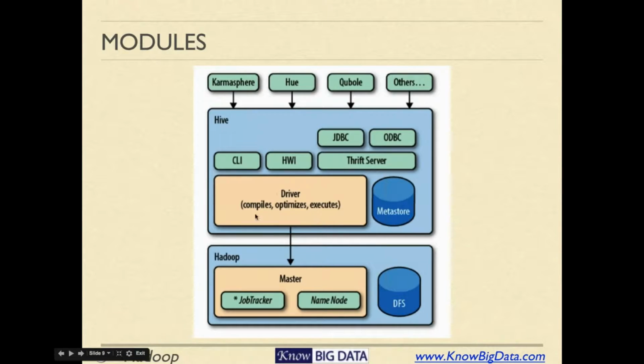There is a driver which does the main work: it takes SQL, although we call it HiveQL, a variant of SQL. It takes the HiveQL, compiles it, optimizes it, and then executes it as a MapReduce task.